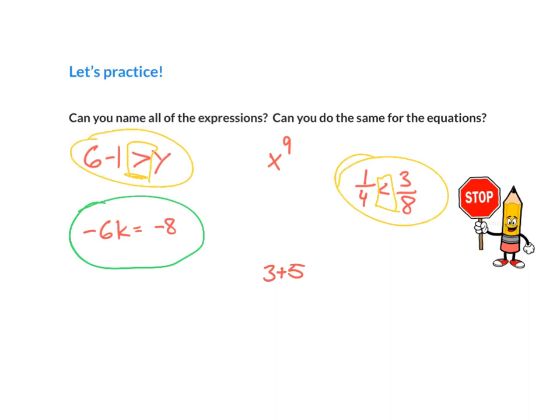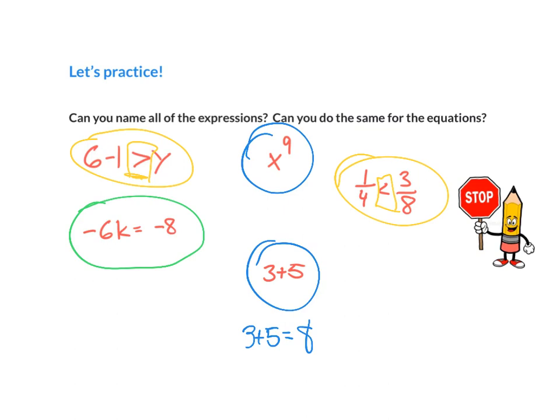But an expression is when you have two variables or one variable and a number, and it's kind of a statement, right? So our two expressions right here would be x to the 9th and 3 plus 5. Now we could make 3 plus 5 an equation if we went 3 plus 5 equals 8. But by itself, it's an expression.